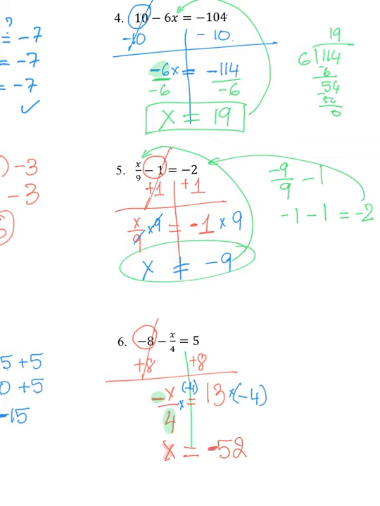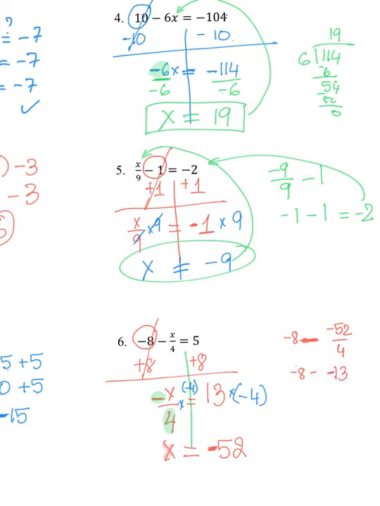Alright, let's check the answer. Negative 8 minus negative 52 over 4. Okay, alright, so PEMDAS, I'm going to divide first. So negative 52 divided by 4, I got what? 13.